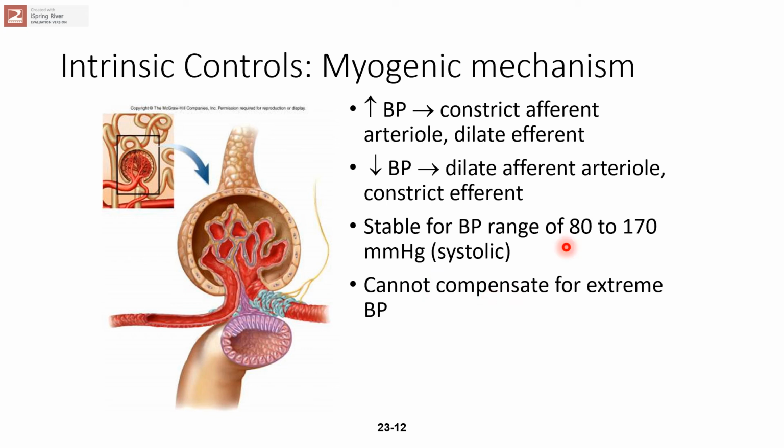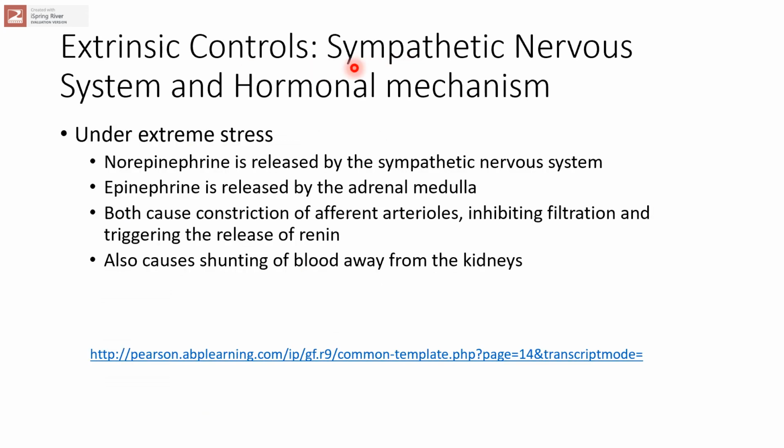So when the blood pressure in general falls below 80, the extrinsic mechanisms take over and the intrinsic mechanism can no longer compensate. So the extrinsic control mechanisms include the sympathetic nervous system and mainly the hormonal mechanism.